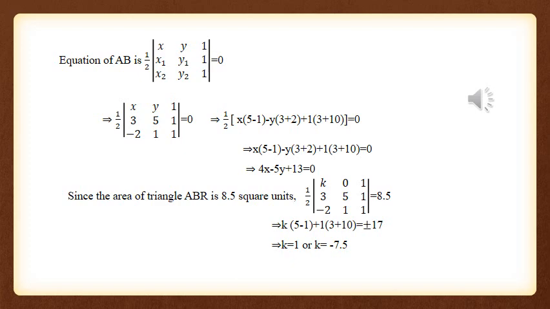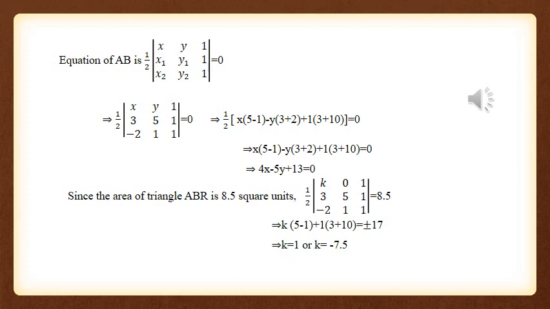Now third row is x2, y2, 1, the second point, that is B point. So we have determinant x, y, 1, 3, 5, 1, negative 2, 1, 1 is equal to 0. Let's expand along row 1 and then simplify. You will be getting 4x minus 5y plus 13 is equal to 0.